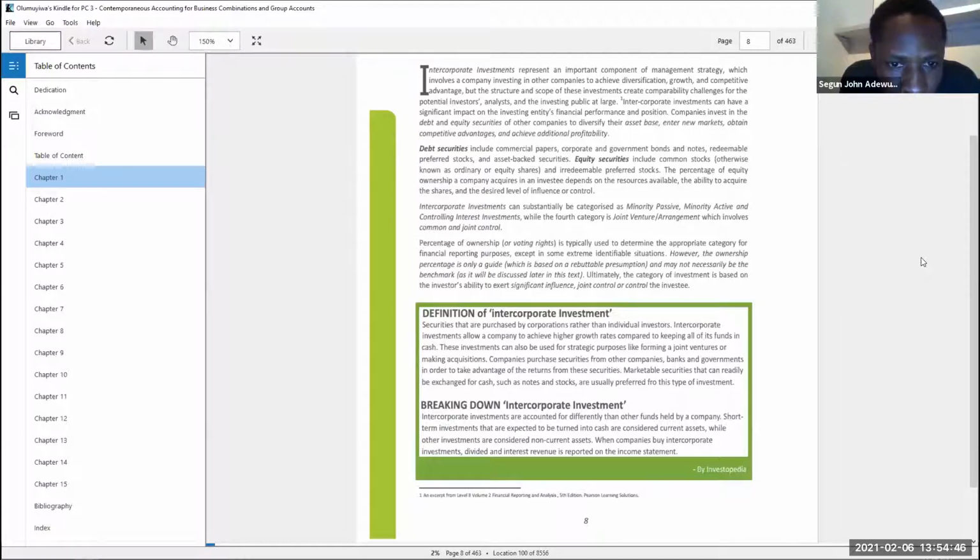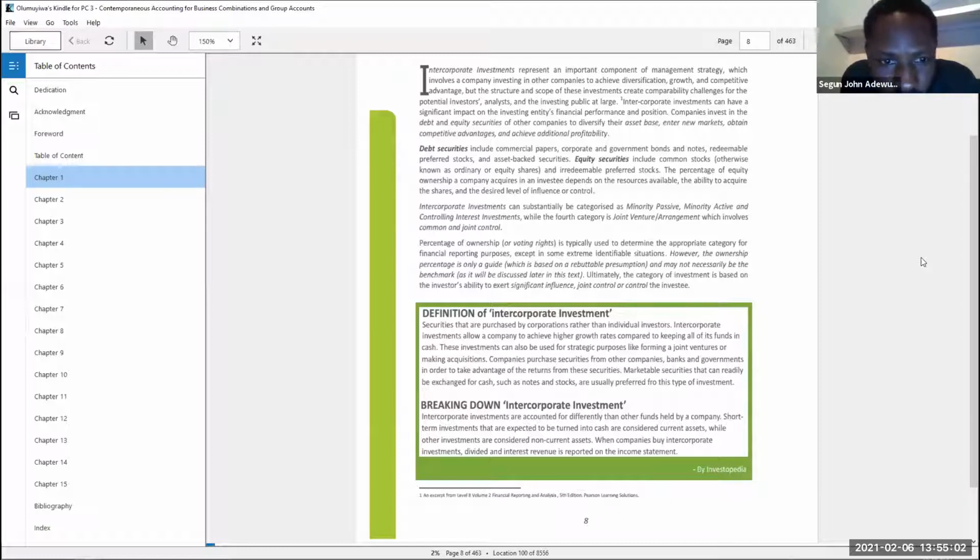Percentage of ownership or voting rights is typically used to determine the appropriate category for financial reporting purposes, except in some extreme identifiable situations.